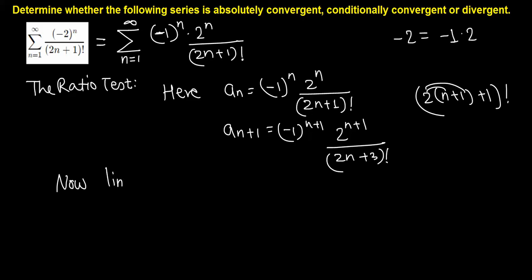Now using the ratio test, we take the following limit: the limit of the absolute value of a_(n+1) over a_n as n goes to infinity.